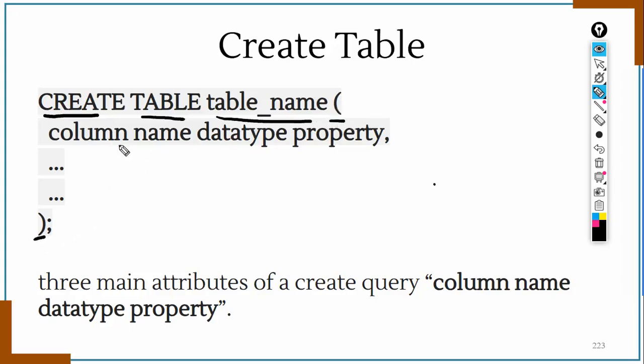Inside that, whatever columns we need in our table, we need to mention: the column name, then the data type of the column, and then the property. We'll understand with an example. These columns are nothing but attributes that we mention inside the table. So this is the query that can be used to create the table.